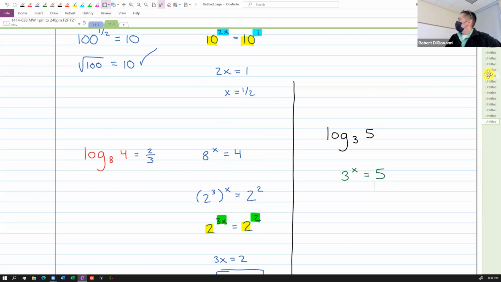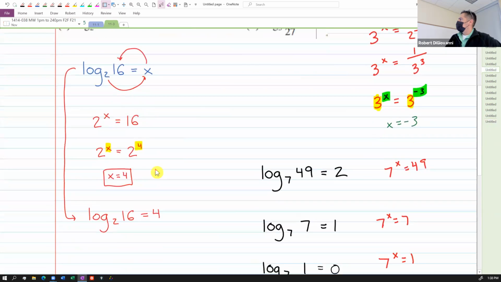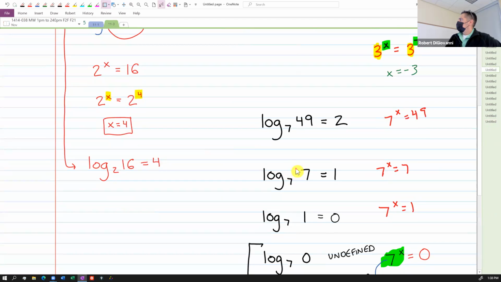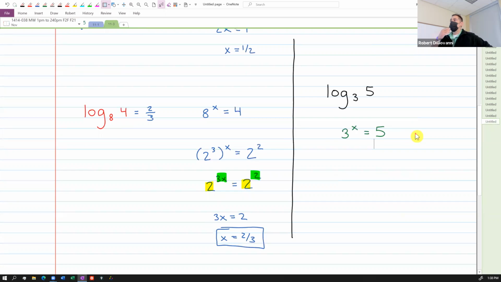In the previous problems, I was able to rewrite this. They both were powers of 3. Here, they're both powers of 2. Here, you could look at 49 as being 7 squared. 7 to the first power. So it looks like we finally have hit a roadblock, okay?